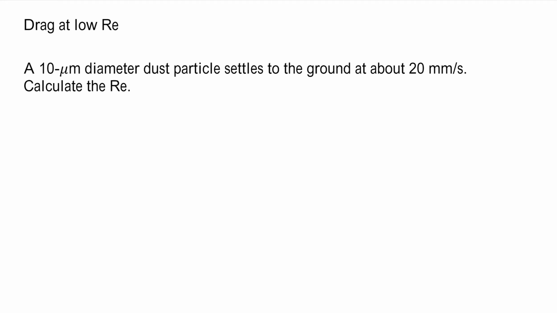So we have a 10, what's this symbol here trying to tell us? That's the Reynolds number. Wait, no, it's not. Not the Greek letter, it is the symbol trying to tell us the measurement. What is that one? It's not millimeter.